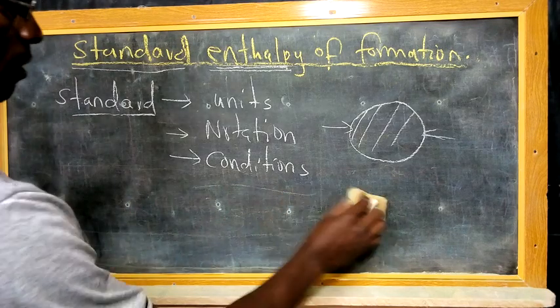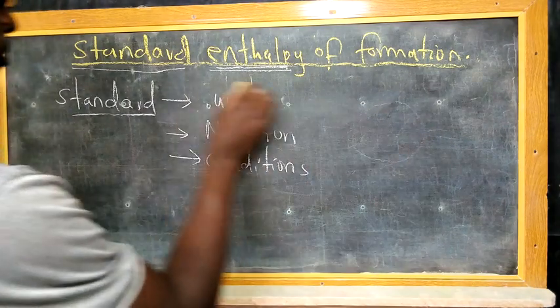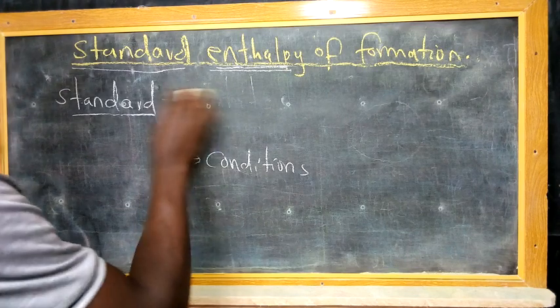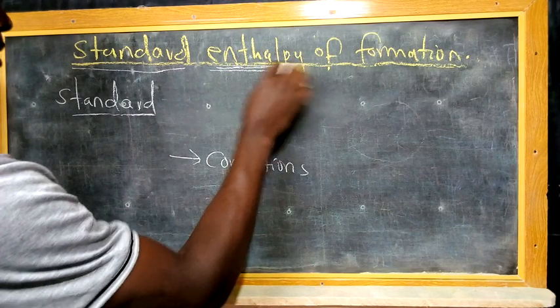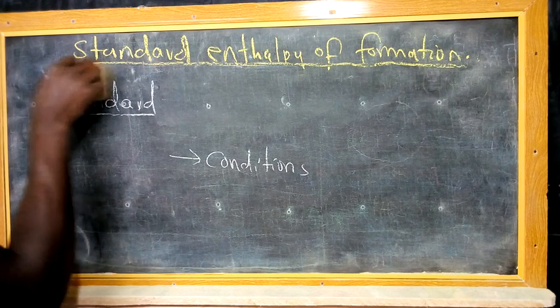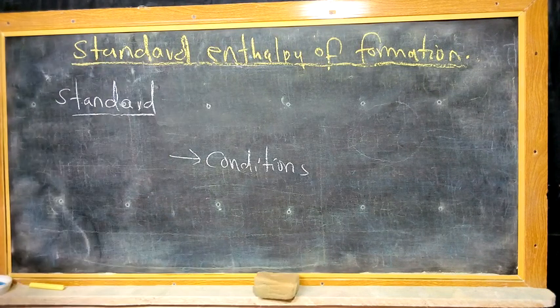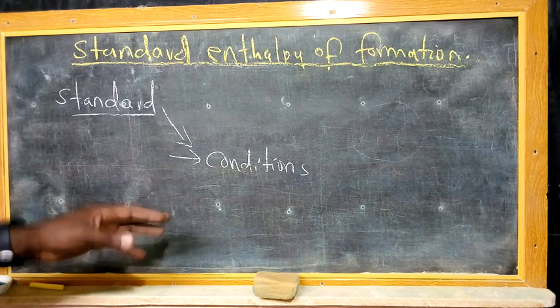In this case, formation refers to the coming up of a new product from the reactants or other products. So let's look at the term standard as it appertains to conditions.